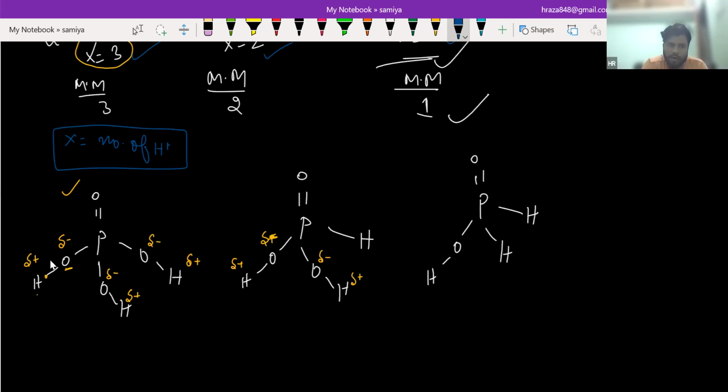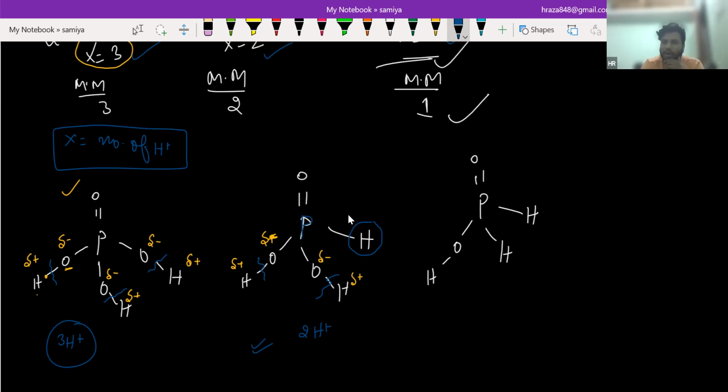So whenever you dissolve it in water, the bonds will be easily breakable, and it will give 3H plus. Whereas when we talk about H3PO3, these bonds will be easily broken and dissociated into H plus, and it will give 2H plus. Now this H is not ionized to give H plus, because the electronegativity difference between phosphorus and hydrogen is not much larger.